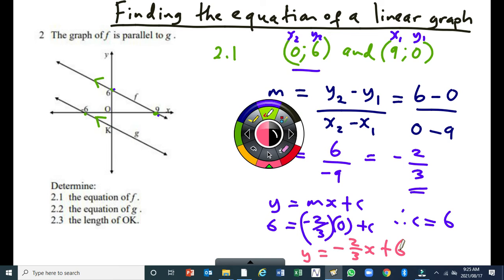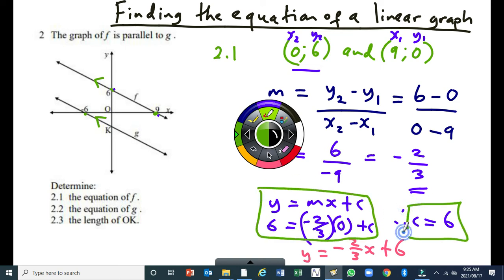But for this question, the y-intercept is given, so you don't have to calculate it. If you can't see it, then you just do this calculation that I did here. And then I determine that c is equal to 6.